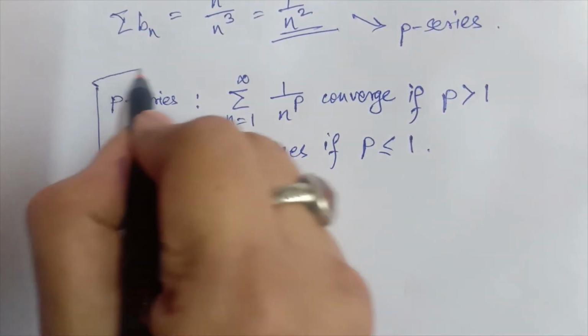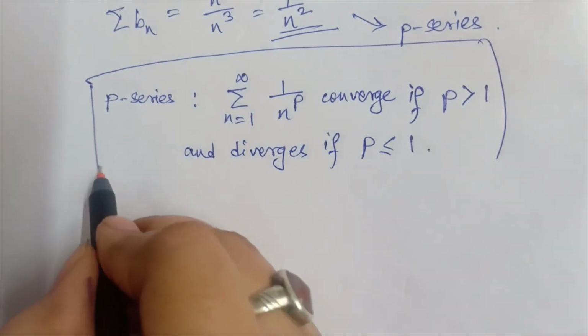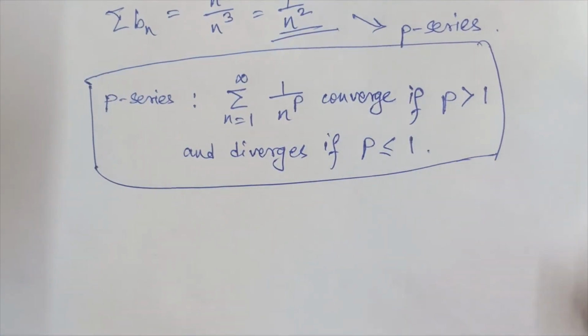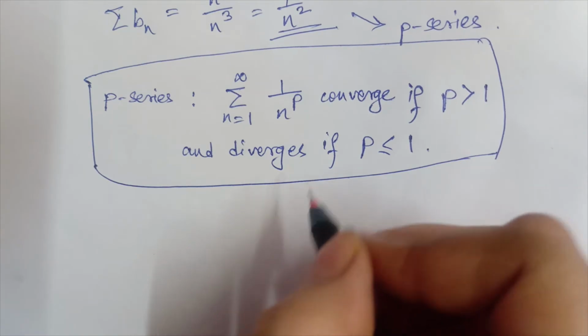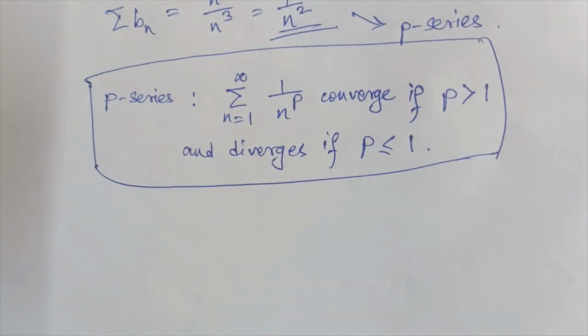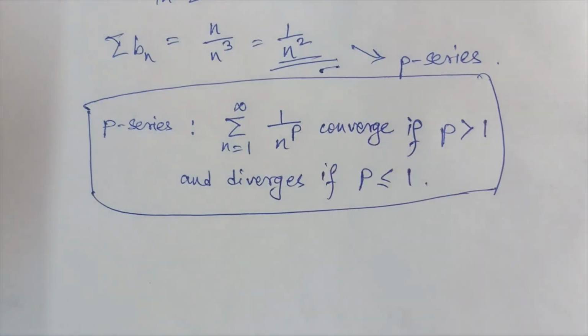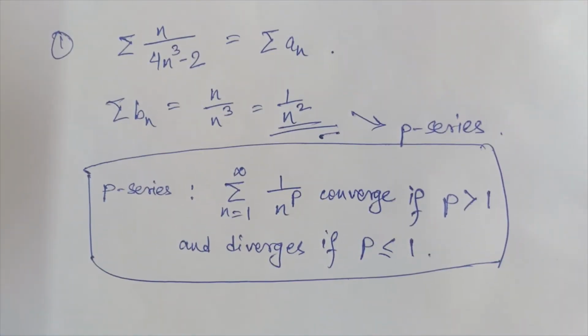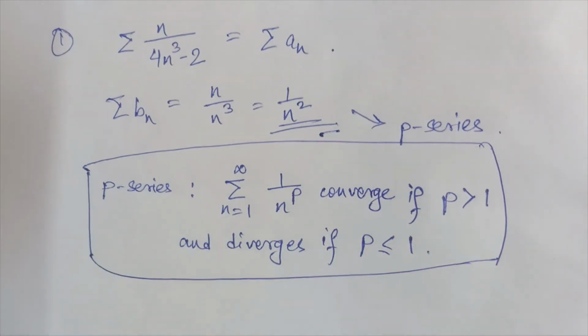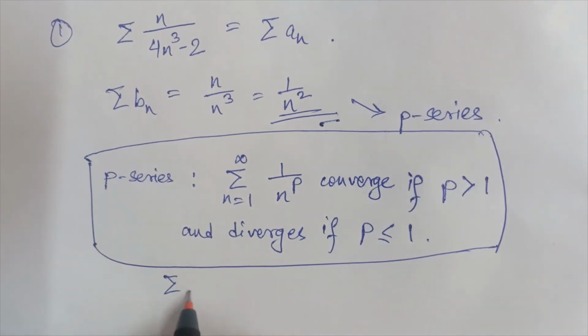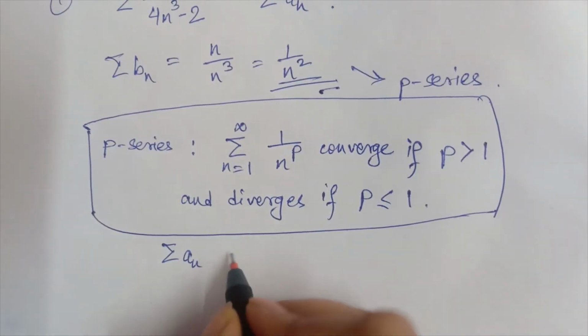So this is the P series. From this one we can say that 1 by n square converges. So comparing an with bn, we can say that the series an also converges.